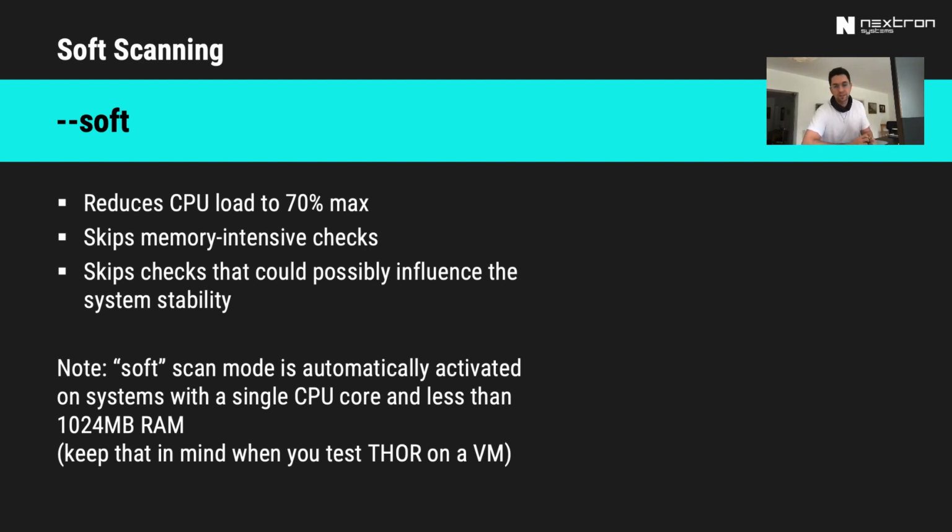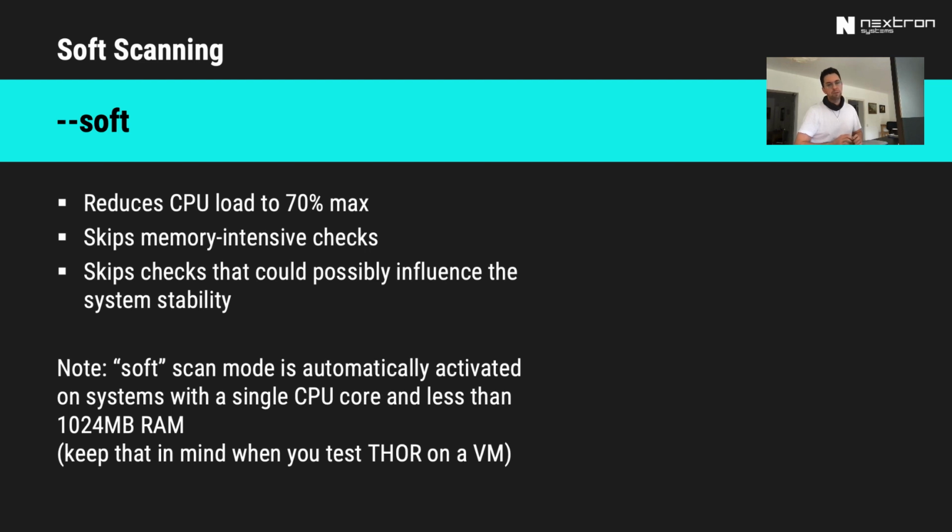The soft scan flag is often used on fragile systems in production lines, when you don't want to interfere with real-time services, for example. Then you can use the soft mode, which reduces the CPU usage automatically to 70%.